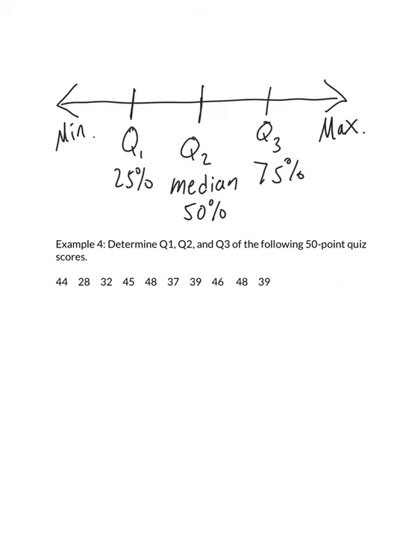The quartiles are a little bit different than percentiles. The percentiles divided up a number line into 100 equal parts, which is why they told us the percentage that you outperformed of the population. Quartiles, just like they sound because the prefix quart means 4, divide a number line into 4 equal parts.